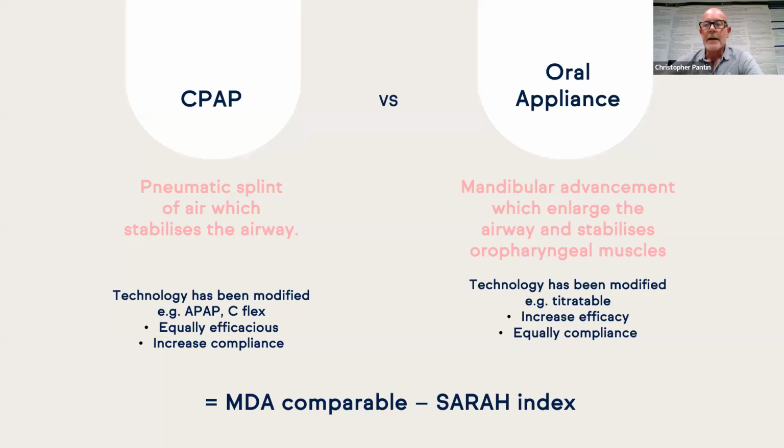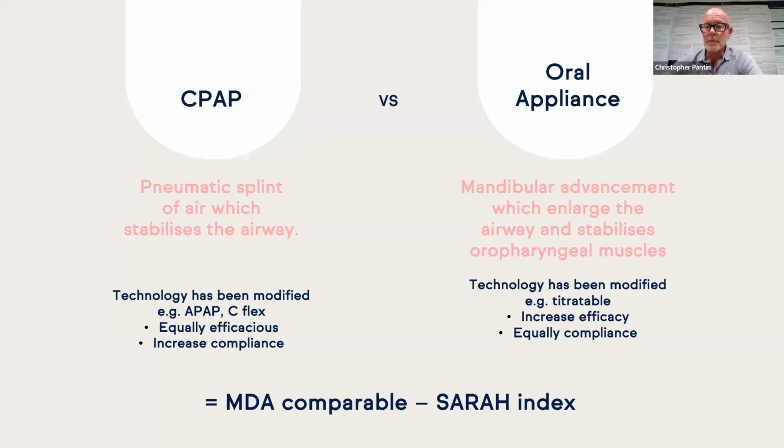Oral appliances, on the other hand, such as mandibular advancement splints, enlarge the airway and stabilize the oropharyngeal muscles. So a completely different mechanism, but trying to achieve the same outcome of stenting the airway during sleep. Technology has been modified over the years. Splints have been probably around since, well, as long as CPAP really, about 1985.